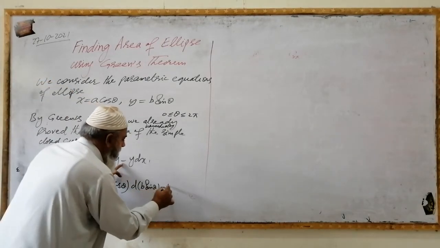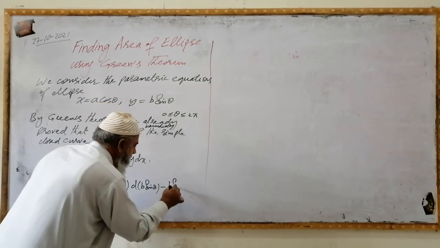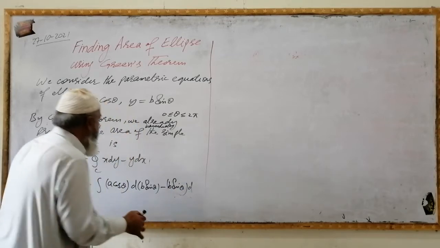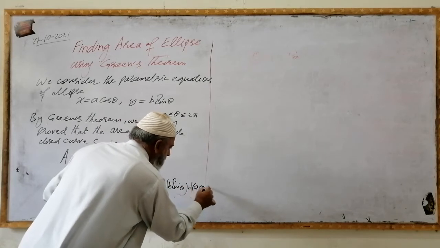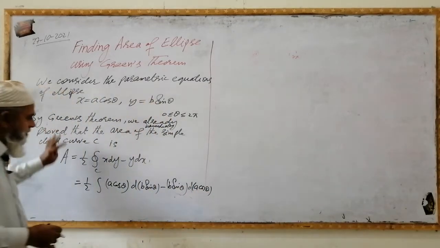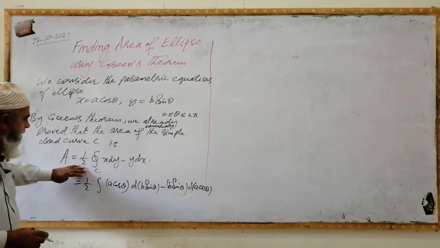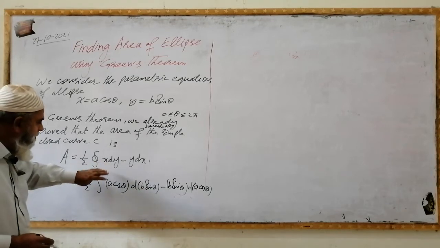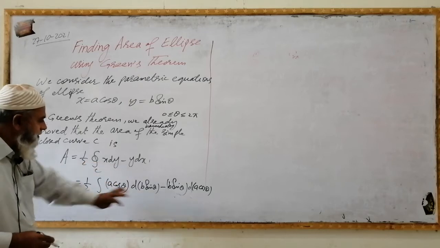And from here, value of y is basically b sin theta, and we will take the differential of x. And what is x? X is a cos theta. Obviously, according to Green's theorem, this is the area of the region enclosed by the simple closed curve C, and here we have substituted the values of x and y.